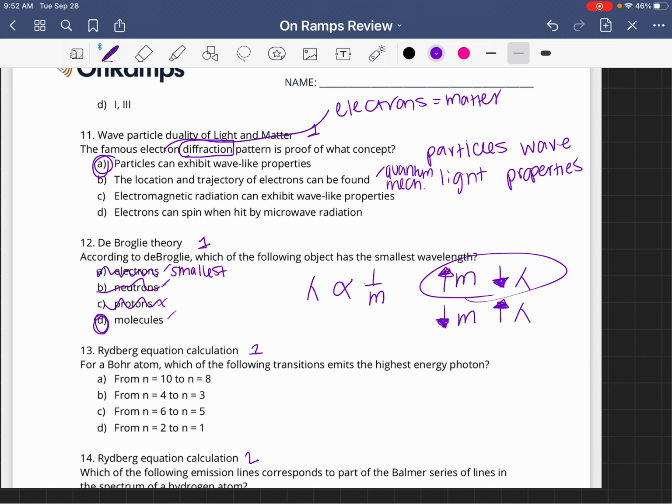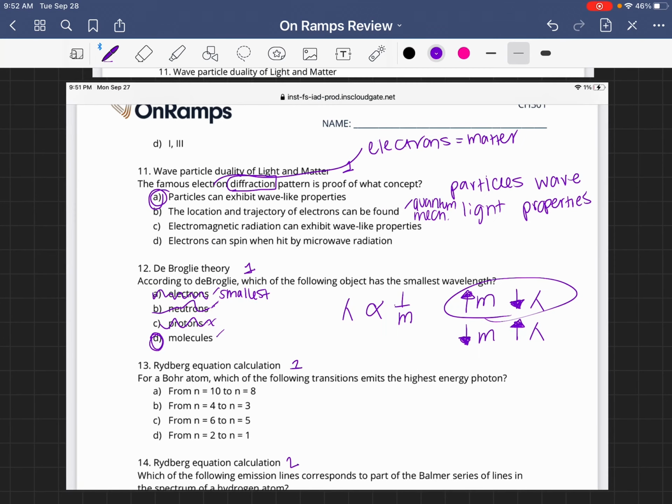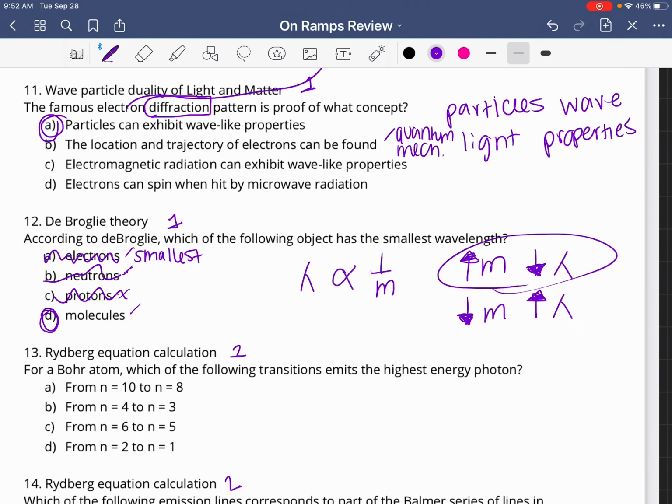Now we're talking about the Rydberg equation calculation. Which of the following transition emits the highest energy photon? Remember, the lower you are, the higher the energy. The lower you are, the higher the energy.